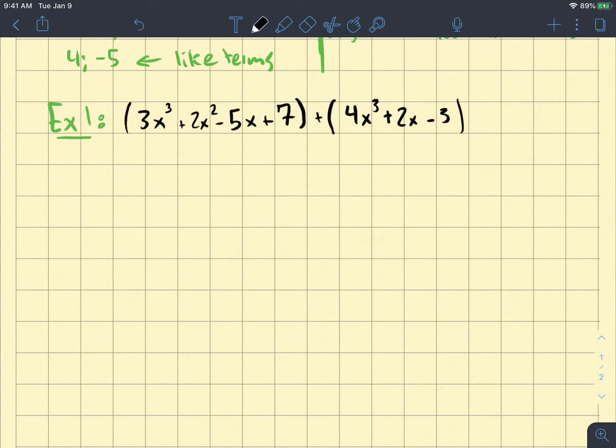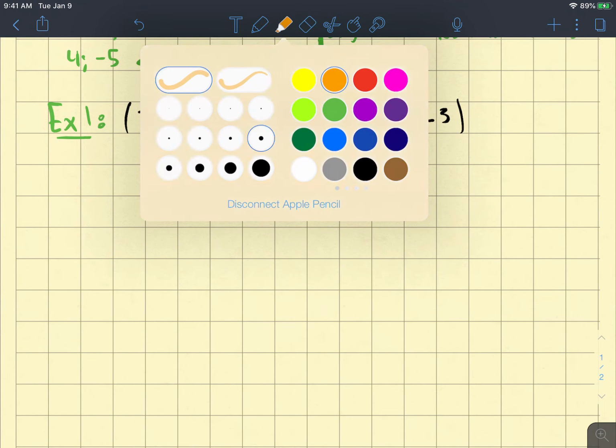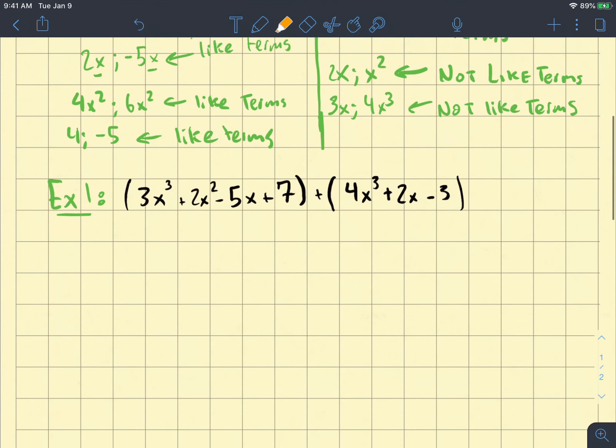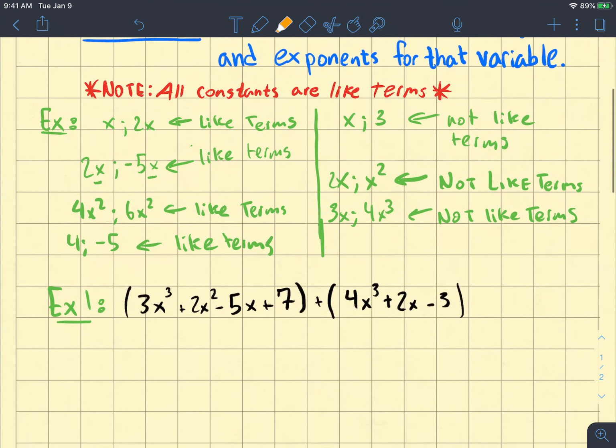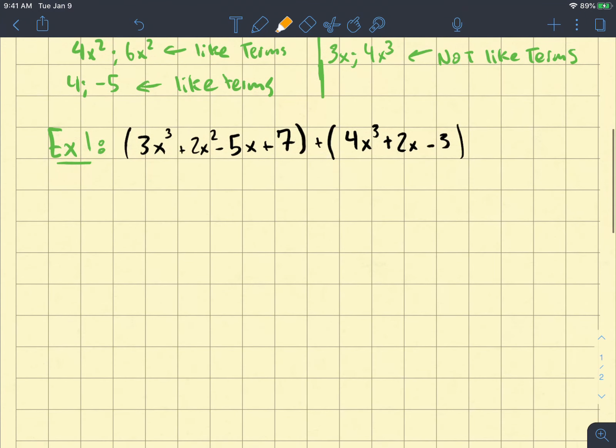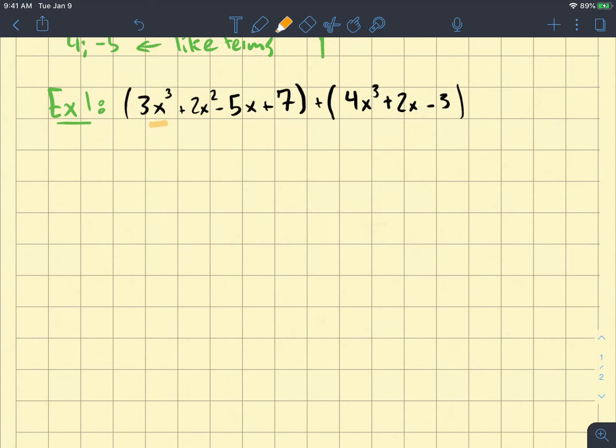So first, before we begin, we're going to look for like terms, right? Like terms are terms that have the same variable and exponent for that variable. So let's look here at the first one. We have 3x cubed. We're going to look for another x cubed on the other side of the parentheses.